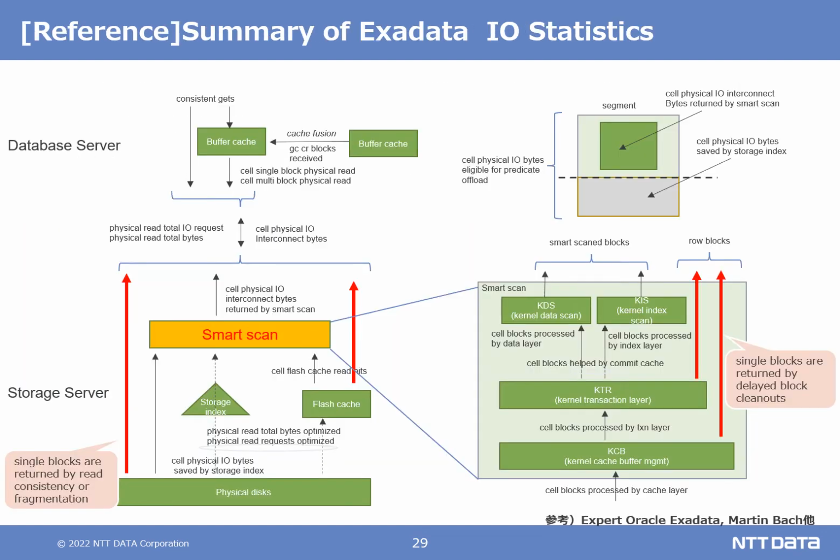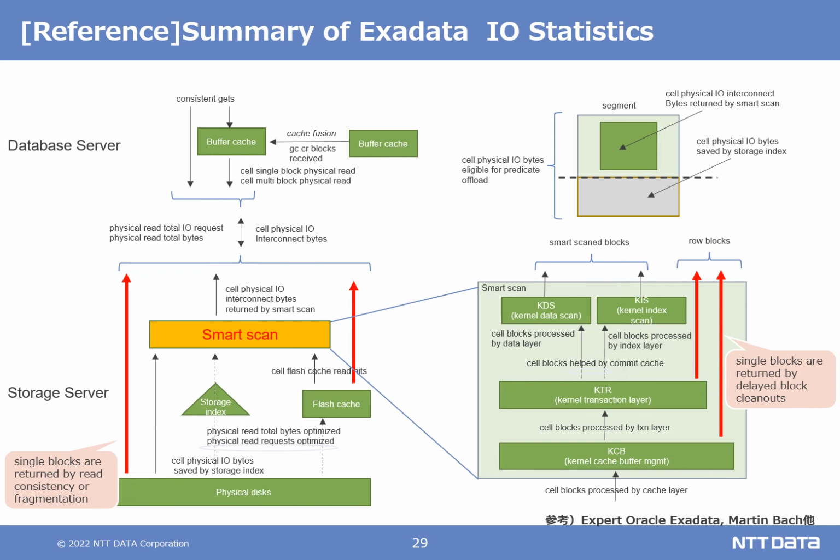For reference, here is a chart that summarizes Exadata's I/O statistics. It is based on the book Expert Oracle Exadata. The top is the DB server, and the bottom is the storage server, and the arrows represent the data flow.